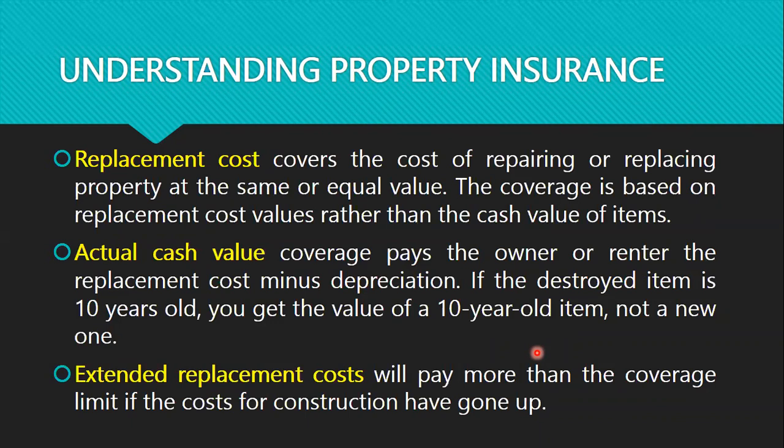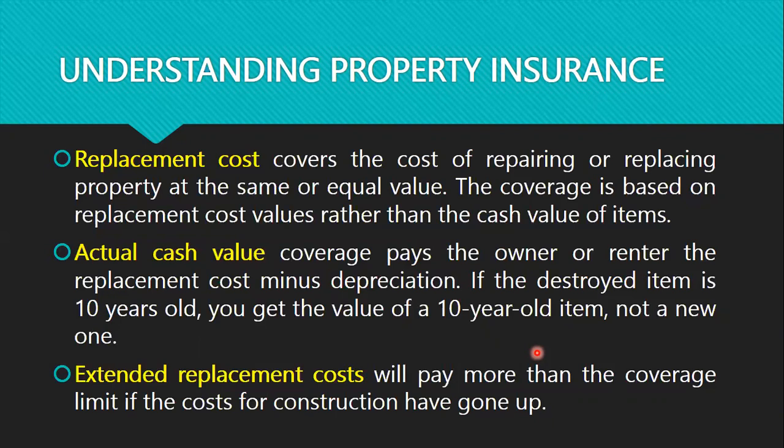So if you have had a certain item for a long time, they will depreciate the value of that item for the amount of time that you have had it. Therefore, if you buy, for example, a TV for $500 and you had it in your living room, but that TV was from 2 years ago, they are not going to pay you the real price that you paid for that TV, but the price minus the 2 years of usage.